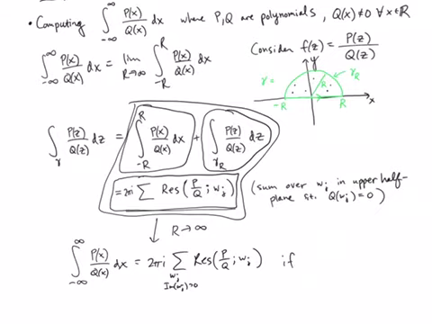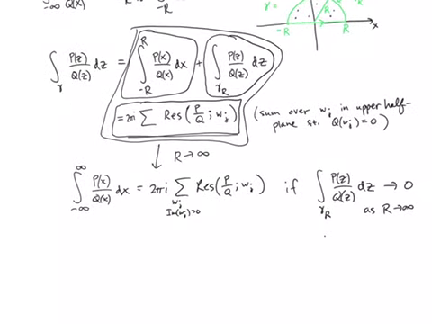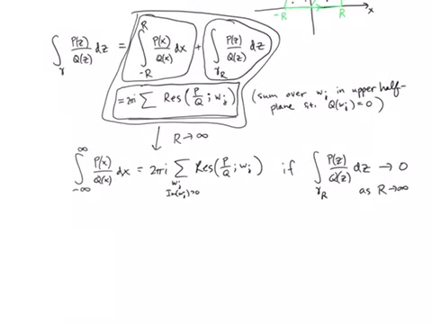This is if the integral over that half of a circle of p of z over q of z dz goes to 0 as r goes to infinity. And so we'll just look for some condition that guarantees that that integral goes to 0 as r goes to infinity.